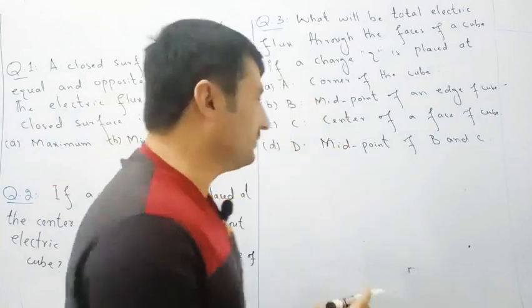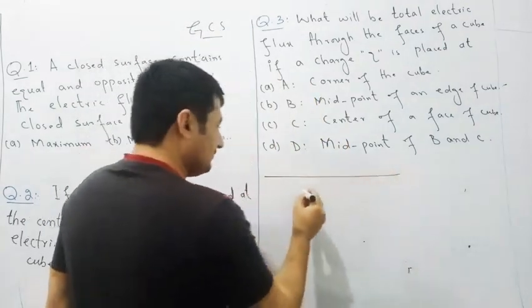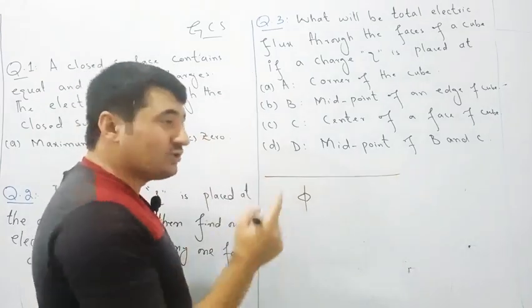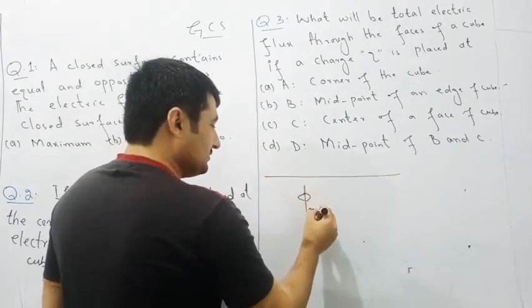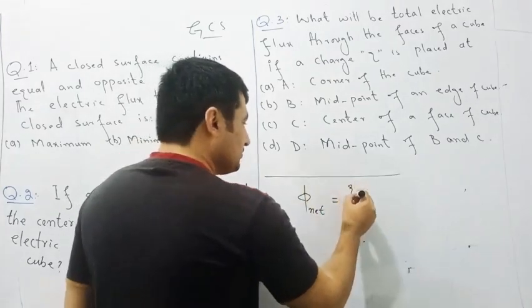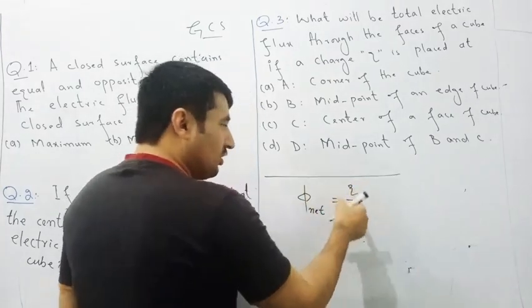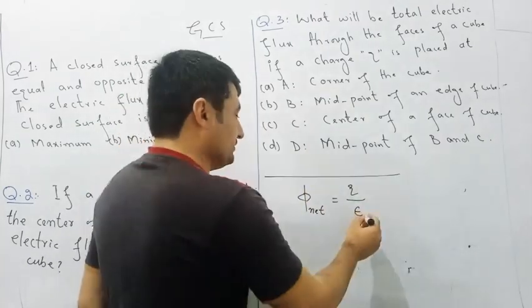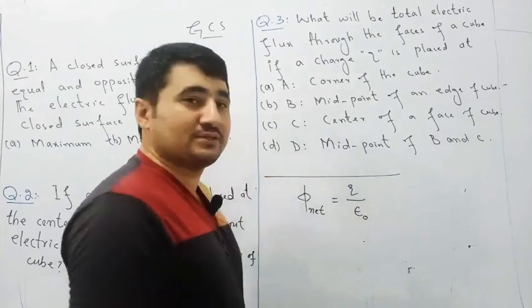If you remember, the net electric flux through any closed surface is equal to the total charge enclosed by that surface divided by the permittivity. In case of vacuum, it is epsilon naught.